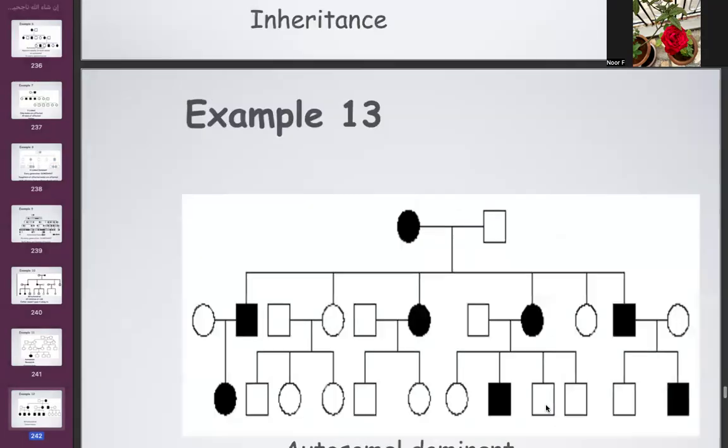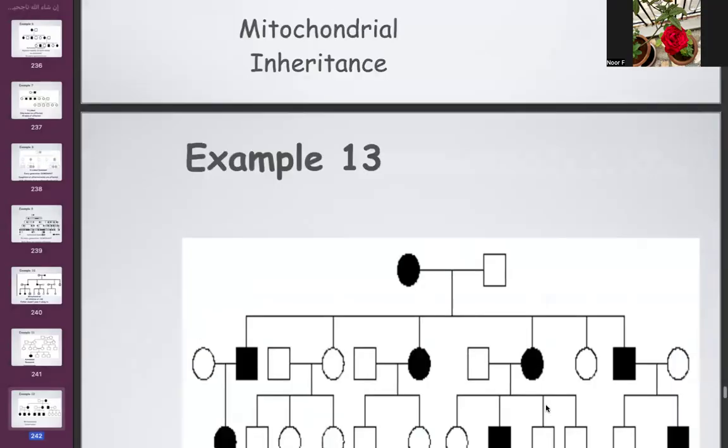Example 13. Now again you see that the mother is affected. 1, 2, 3, 4. Both males and females are affected, and every generation is affected.